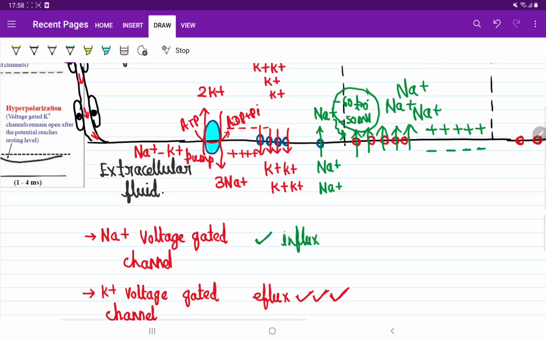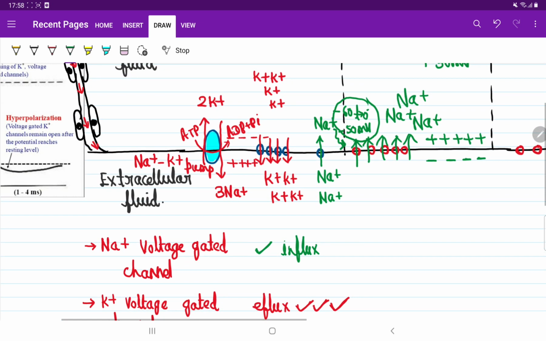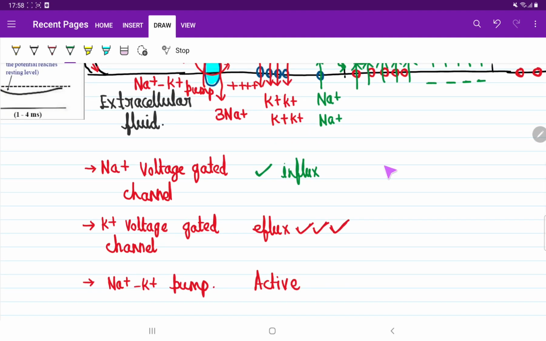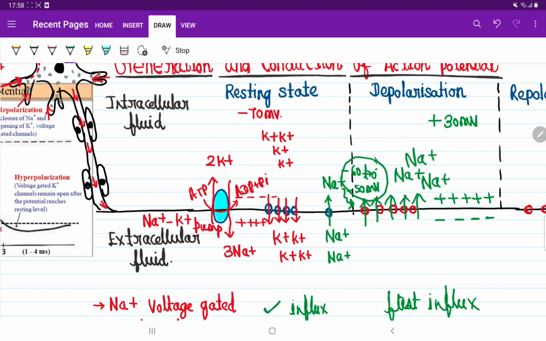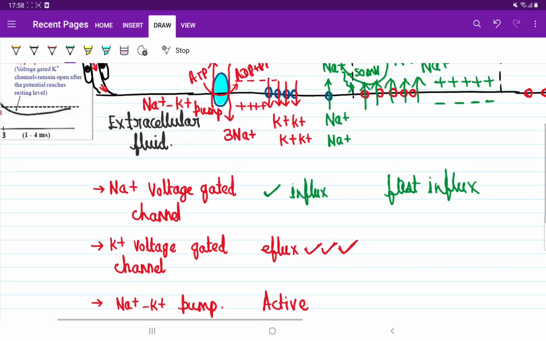So I'm repeating again, once they accepted the threshold stimulus, sodium ion voltage gated channels open, and a fast influx of sodium ion occurs, not slow, fast. That increases the charge, and the neuron gets depolarized, present at excited state.